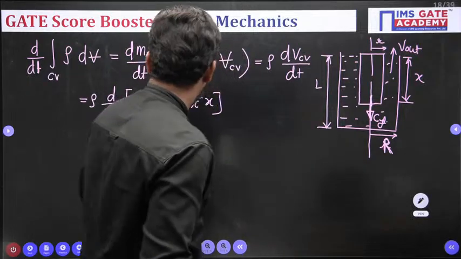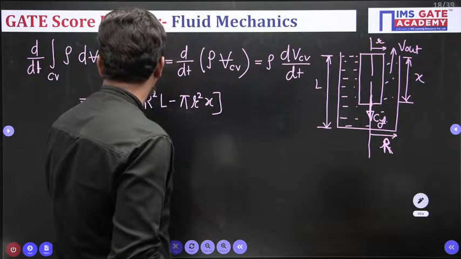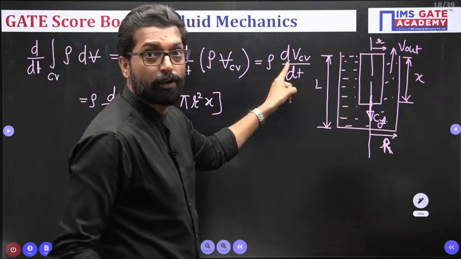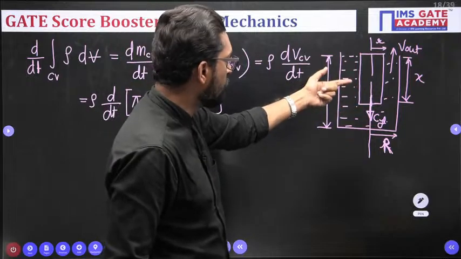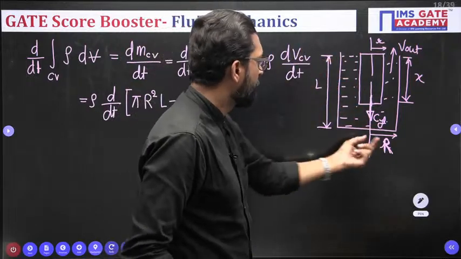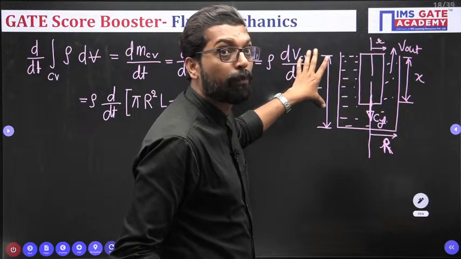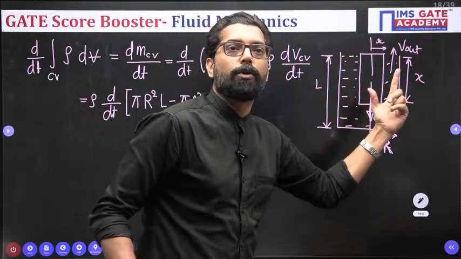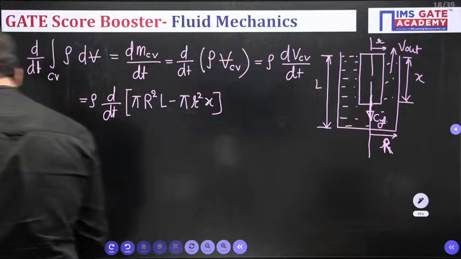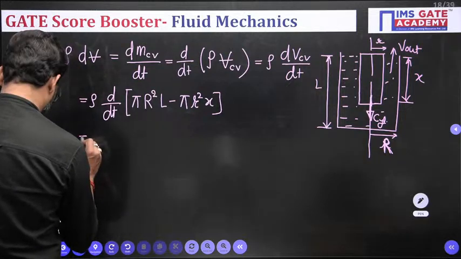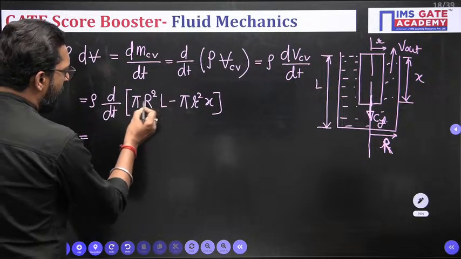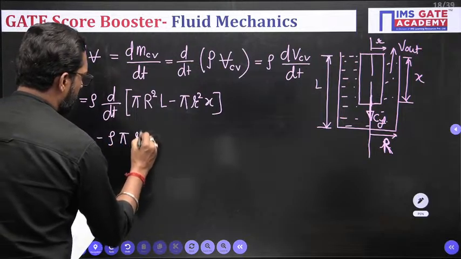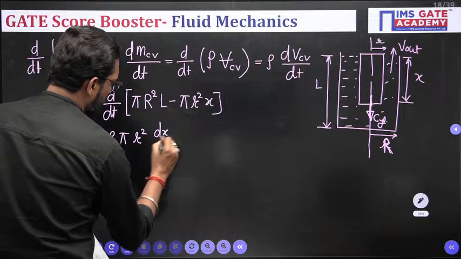So what is the change in control volume? The control volume is changing, so you cannot take this as 0, because continuously the control volume is changing. Pi R square into L is the outer volume, and pi small r square into x is the inner volume. The terms with pi R square L are constant, so the derivative is minus rho pi r square dx by dt.